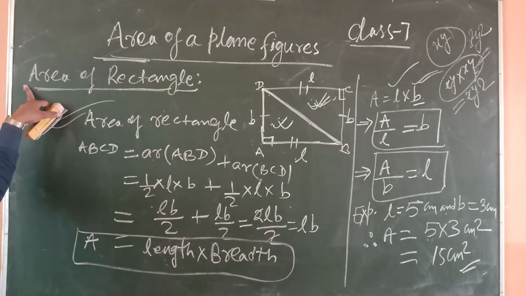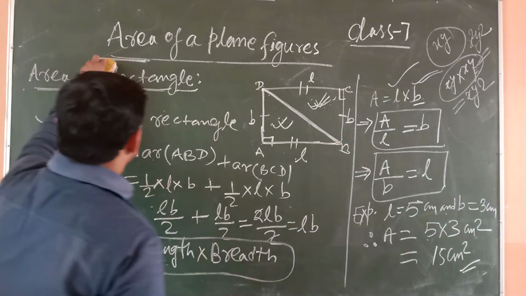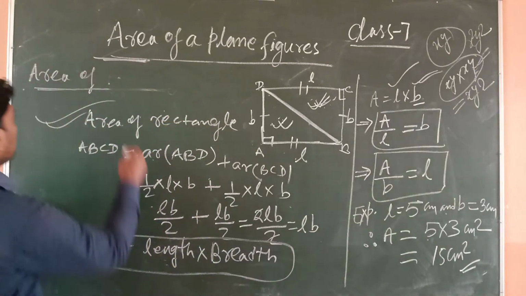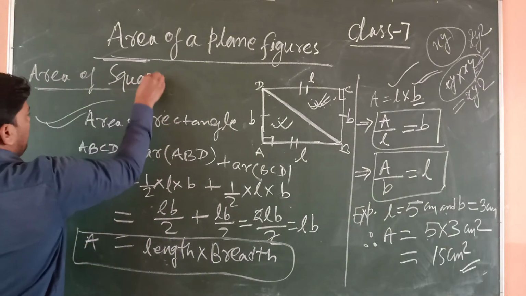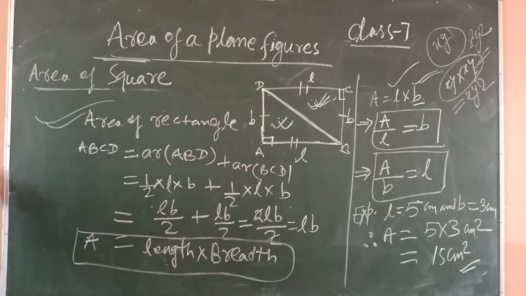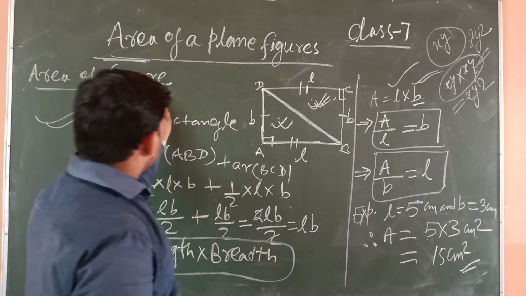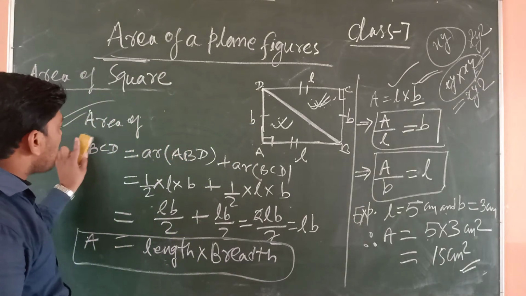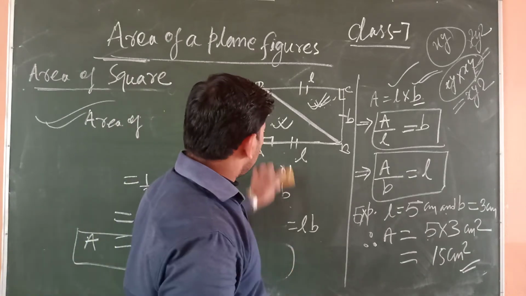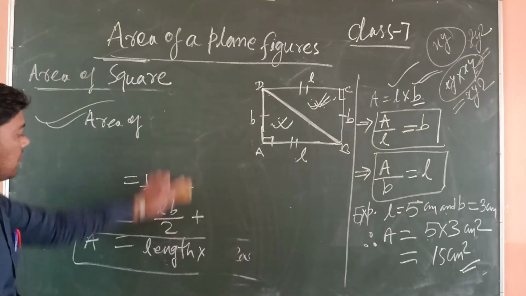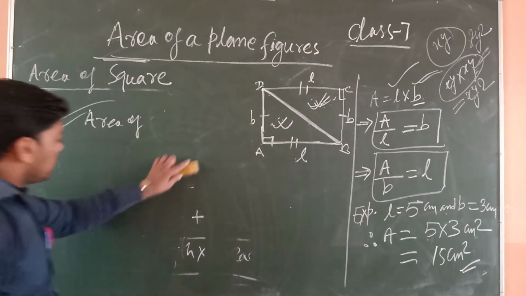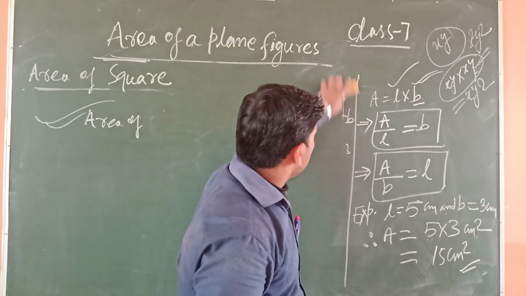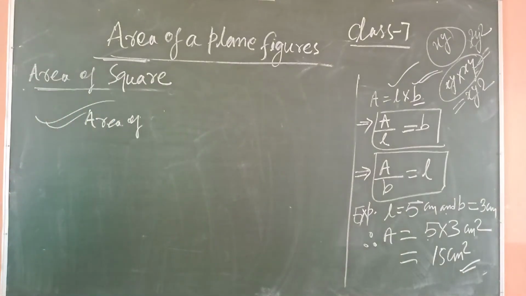Similarly, we can find the area of a square. A square is also a rectangle in which all sides are equal and each angle is 90 degrees.